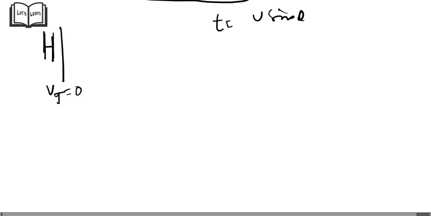So let us find the maximum height of the projectile. So at maximum height, uy is 0. We know that at t equal to u sin theta by g, uy is 0.